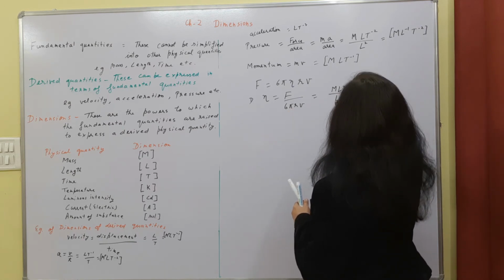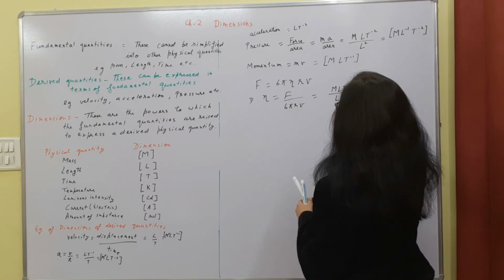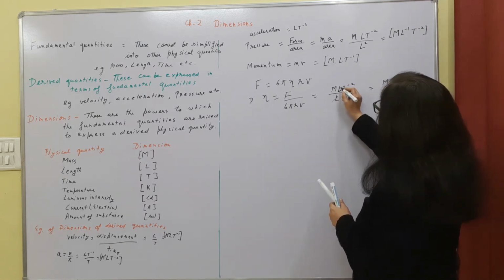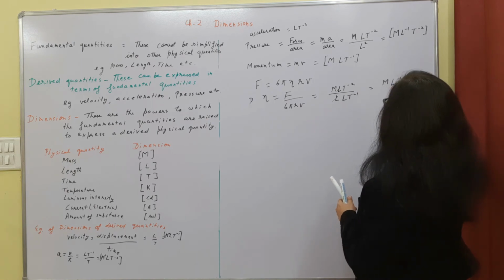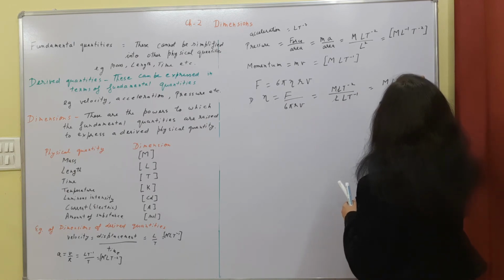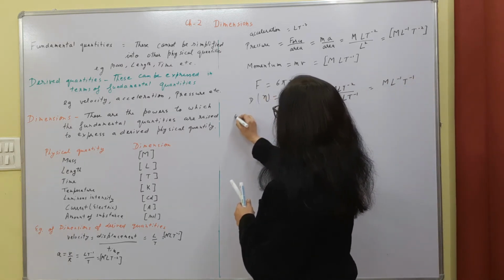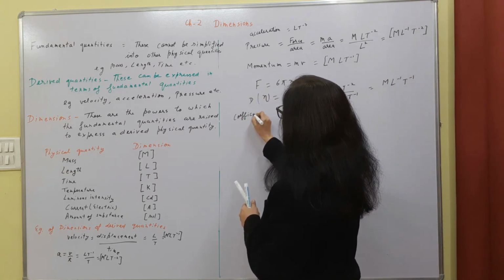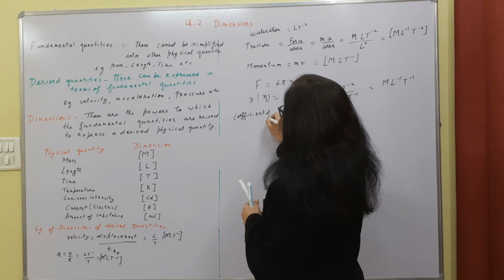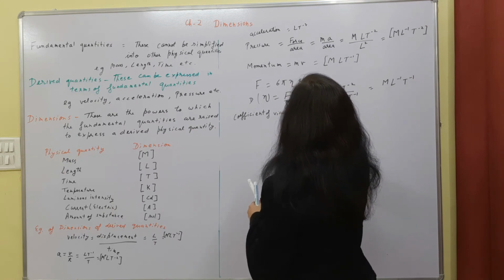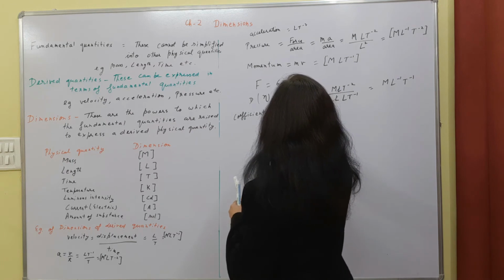This is L. This is L T minus 1. So this is M. This will be cancelled. M L minus 1 T minus 1. So this is the dimensions for coefficient of viscosity. Right? This is eta.